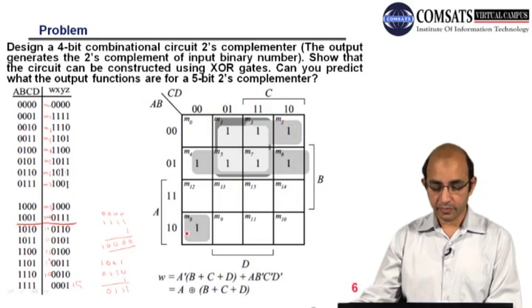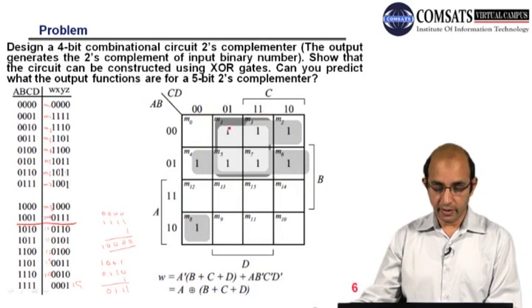So this is the only one. So as a result of this one, we will be having the term with 4 variables, literals, right? So here we have A, B bar, C bar, D bar, right? So as a result of this one we have this, right?